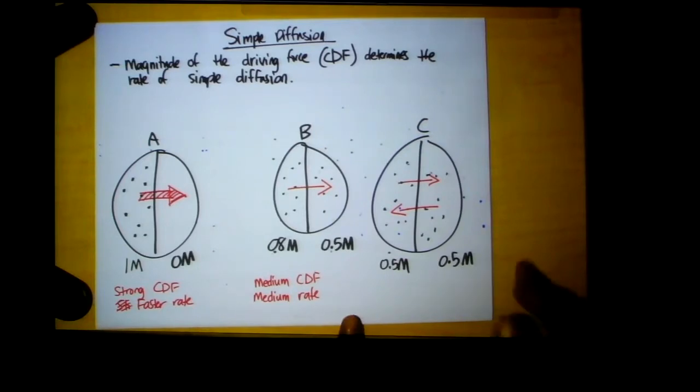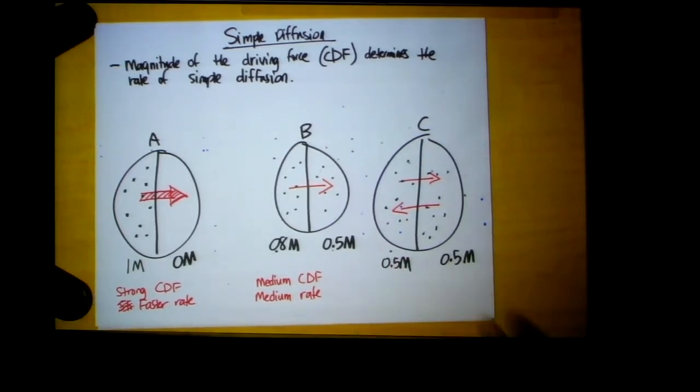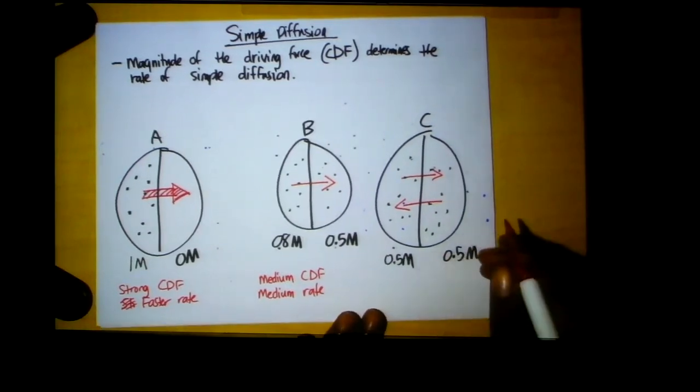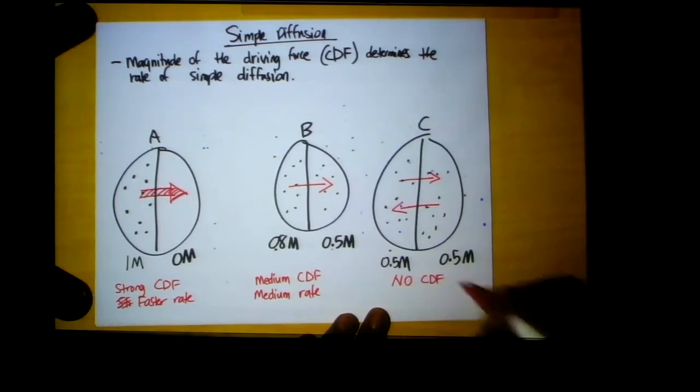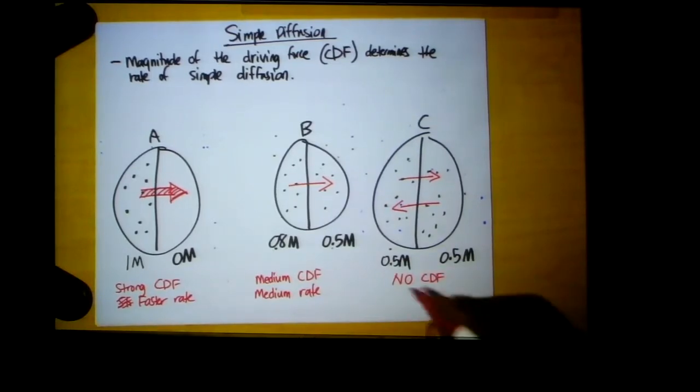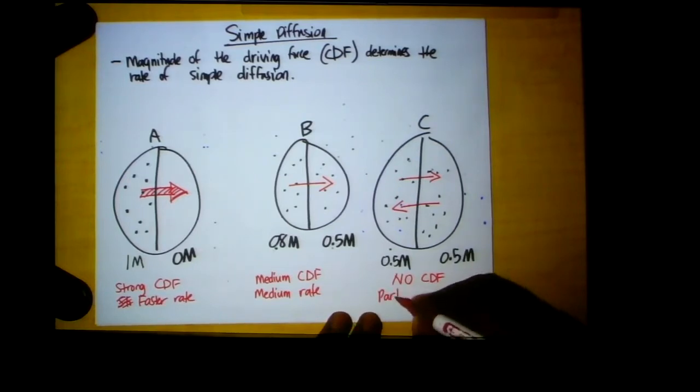I cannot say that word. Diffusional equilibrium, and so there's movement of individual particles taking place in both directions, but no net accumulation on either side, right? So we have no chemical driving force here because we have no gradient, right? And our particles are at equilibrium.